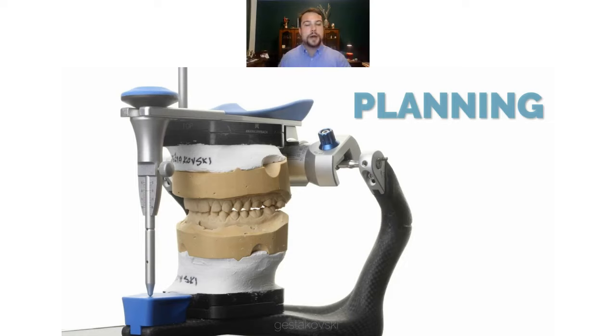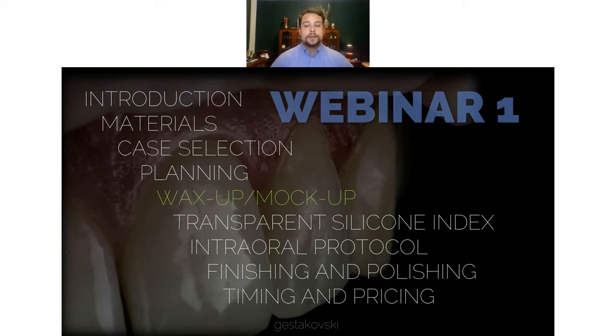So I'm always mounting in the articulator, and my technician later on places it in a digital articulator in referential position. So we have everything planned with all the movements of the mandible.